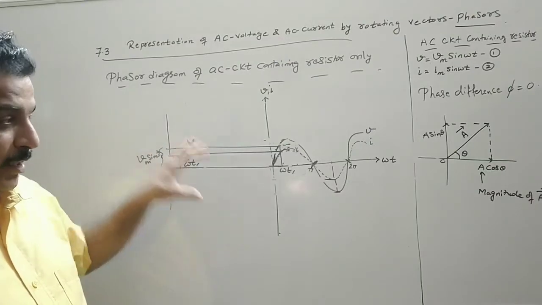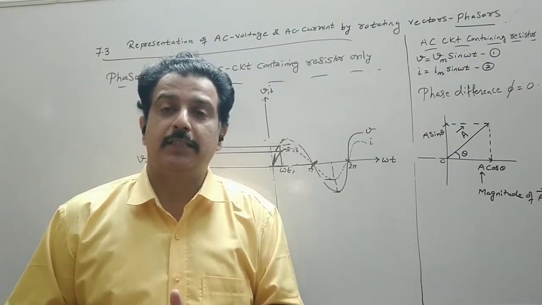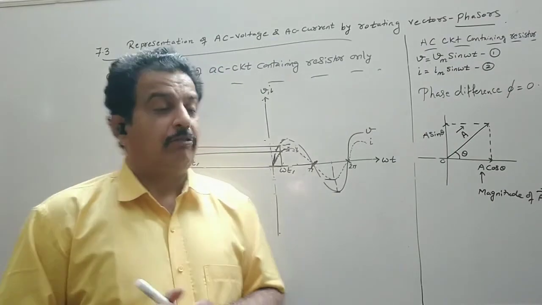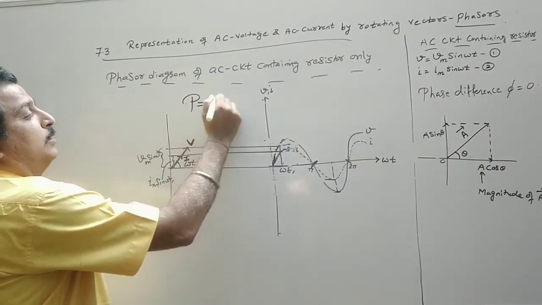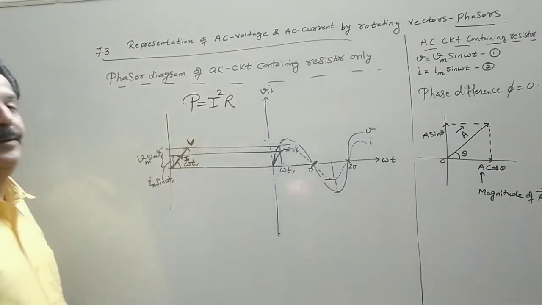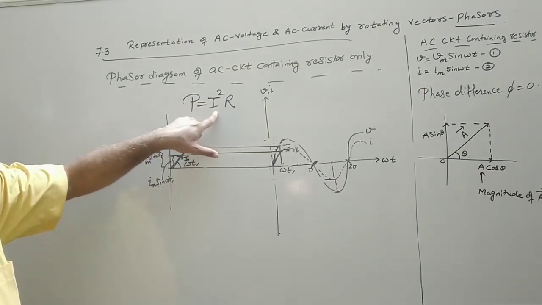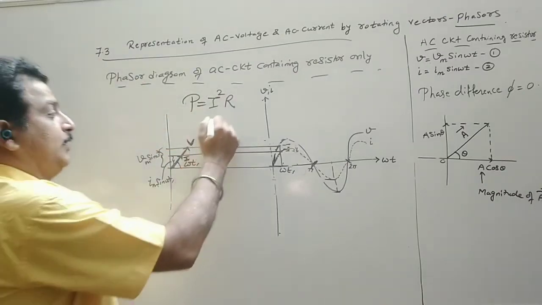That is the second part of the question, and the third part is always to find out the instantaneous power or average power. We have seen that the average power for this circuit was I square R. The symbol was introduced because we can connect it with chapter 3 on the DC source.